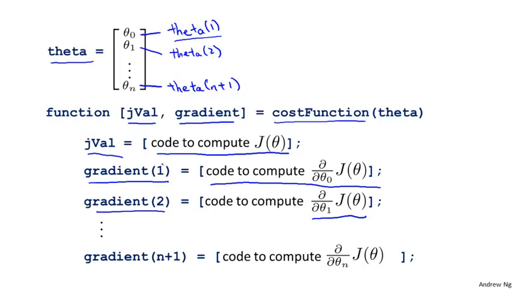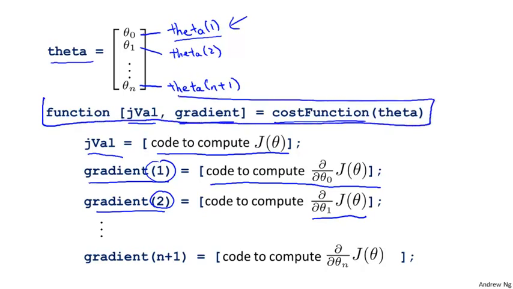Once again, this is gradient 1, gradient 2, and so on, rather than gradient 0, gradient 1, because Octave indexes its vectors starting from 1 rather than from 0. But the main concept I hope you take away from this slide is that what you need to do is write a function that returns the cost function and returns a gradient.